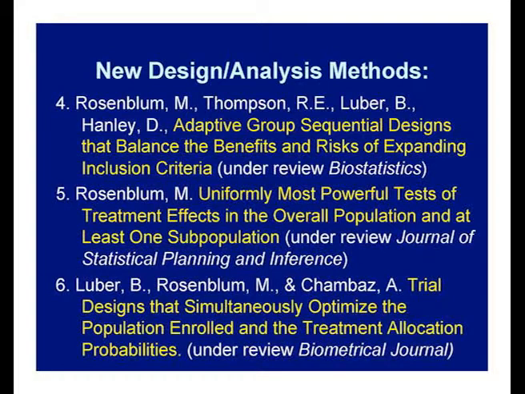I'll just skip over these last two, but I'll at least mention this one with some collaborators, Brandon Luber, a student here, and Antoine Chambaz, a collaborator. We have a paper on trial designs that simultaneously optimize the population that's enrolled and the randomization probabilities. What I'll be focused on the rest of the talk is just changing who's enrolled. It's always 50-50 randomization. But here, there's multiple adaptive components.